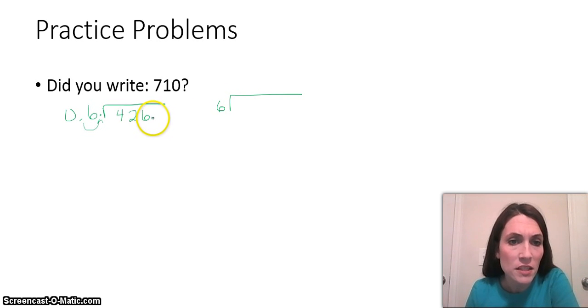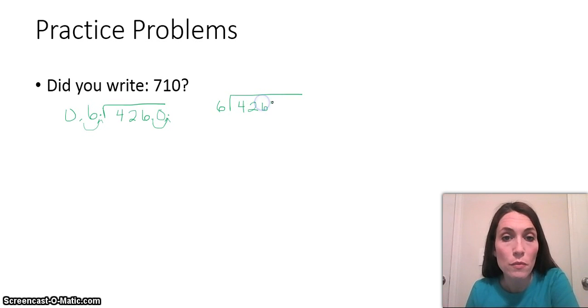My decimal point is currently right here because this is the whole number 426. I'm going to move my decimal point back one place because I did the same thing here. And so now I'm going to have 4,260. Remember, by changing both of them, we're making equivalent divisors and dividends that we can work with.